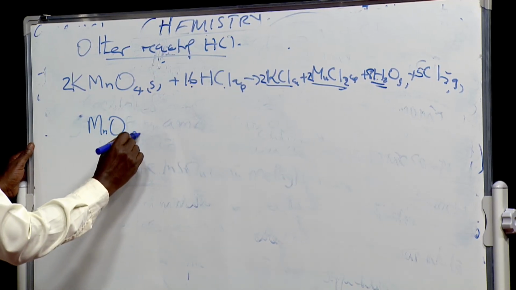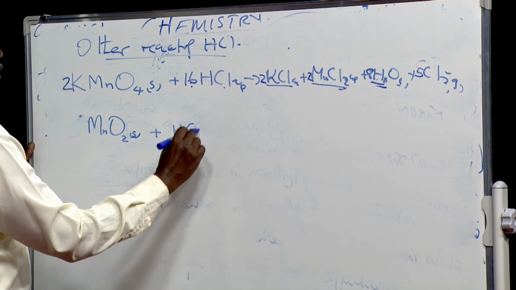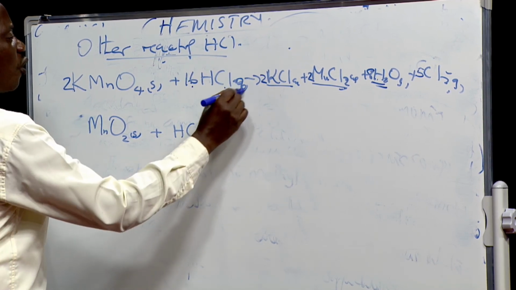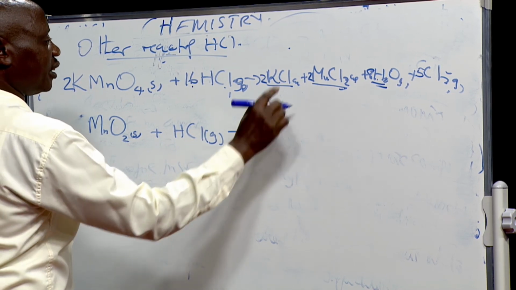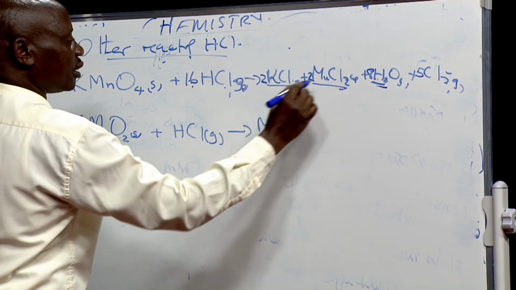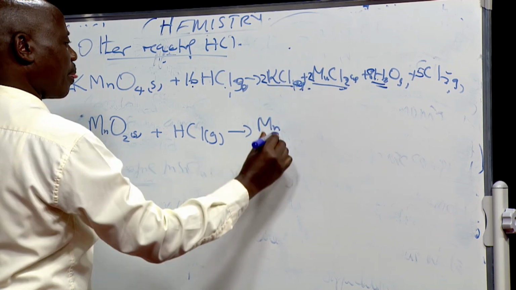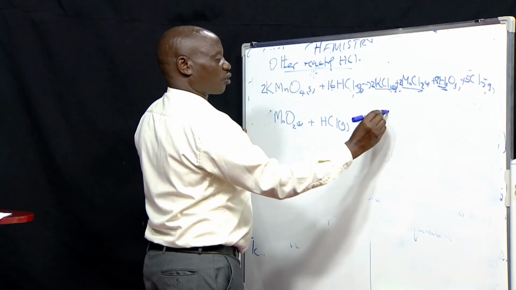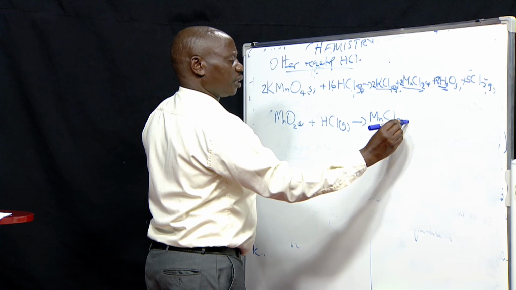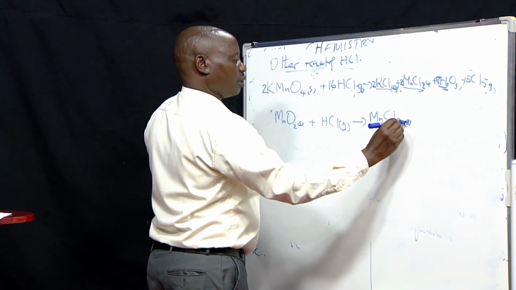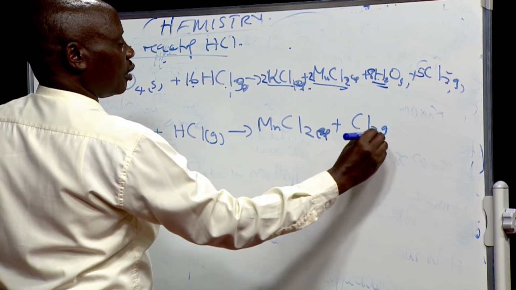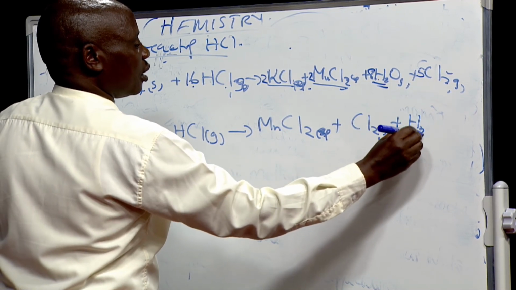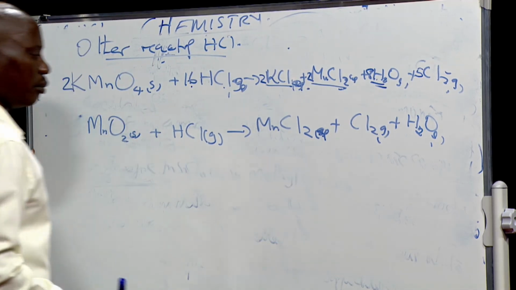Then it also reduces manganese 4 oxide. Still 2, it is a gas when heated. All of these are solids. There is water, it's okay. Manganese 2 chloride, plus chlorine, plus water.